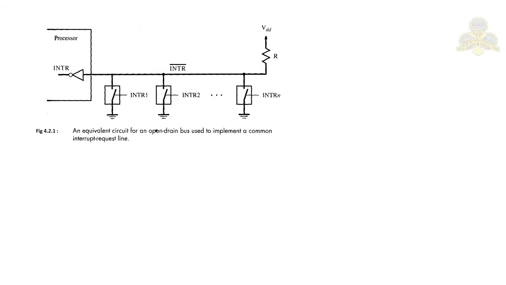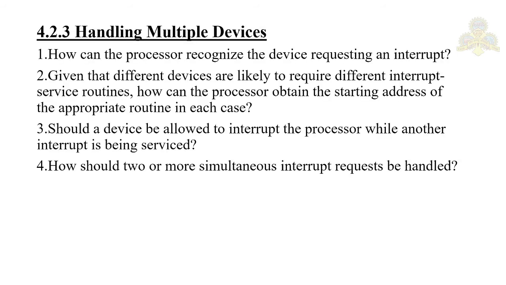Now this will lead to a number of questions. First, how can the processor recognize the device requesting an interrupt, if multiple devices are initiating the interrupt at the same time? Second, given that different devices are likely to require different interrupt service routines, how will the processor obtain the starting address of the appropriate routine in each case?